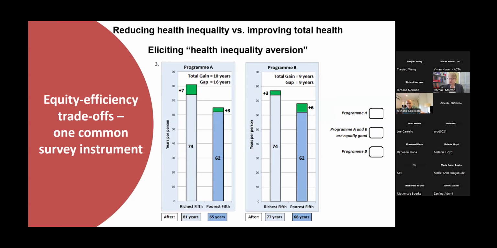So in this case, we've got the richest group at 74 QALYs, healthy adjusted life expectancy, and the poorer group at 62. So the weight they get will be proportional to that baseline health.